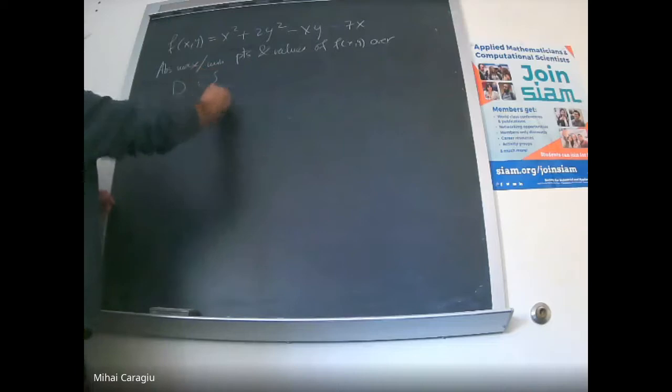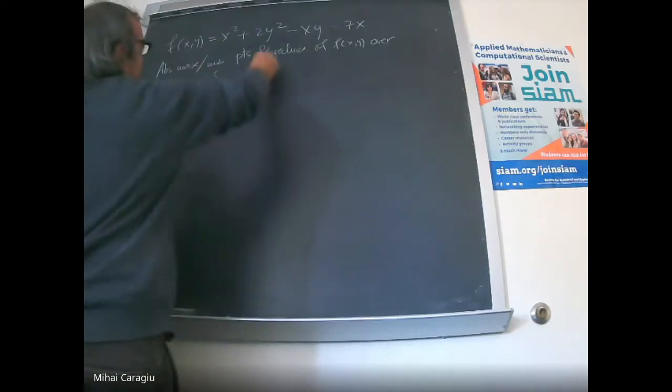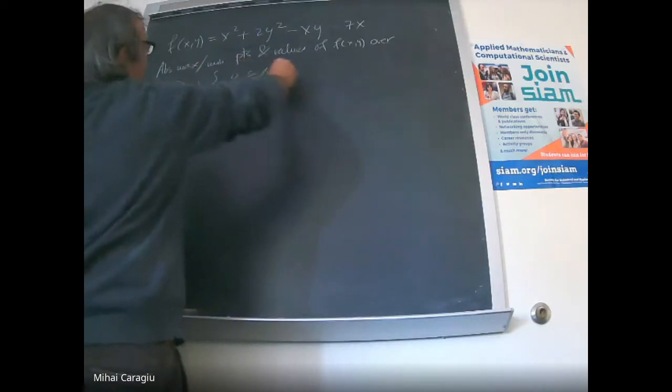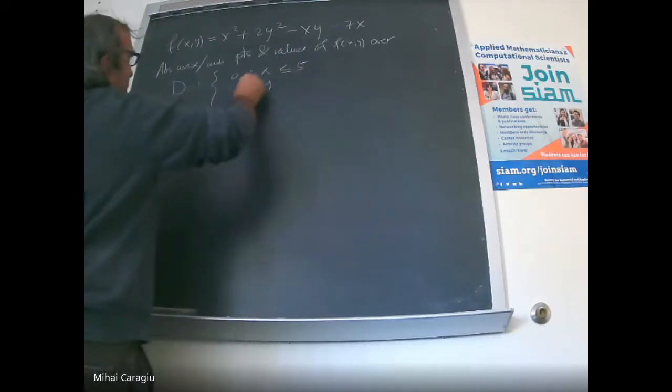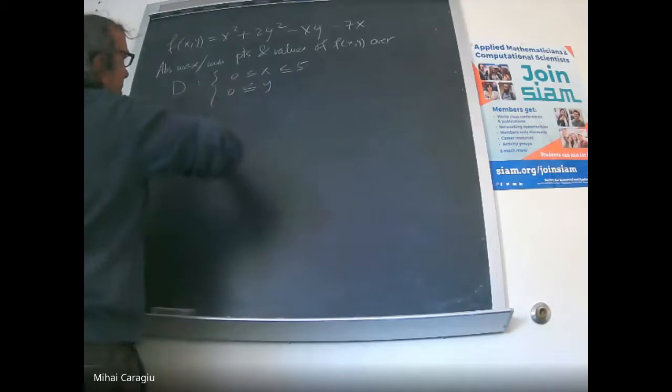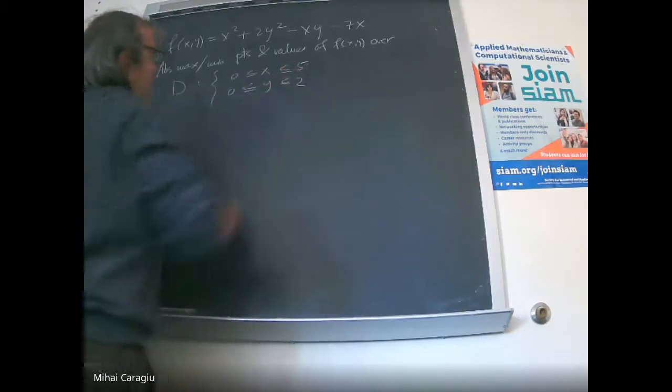This compact domain will be, let's say, x between 0 and 5, and y between 0 and 2.